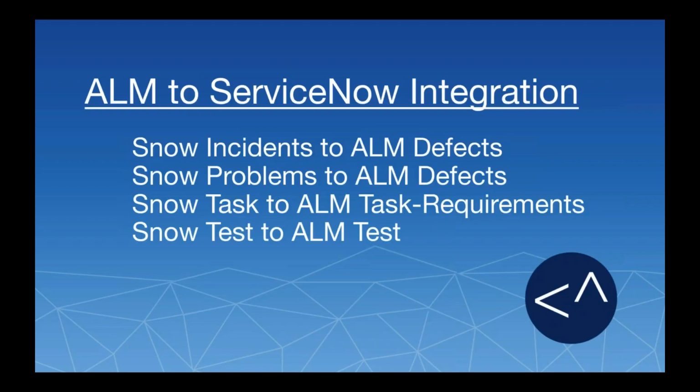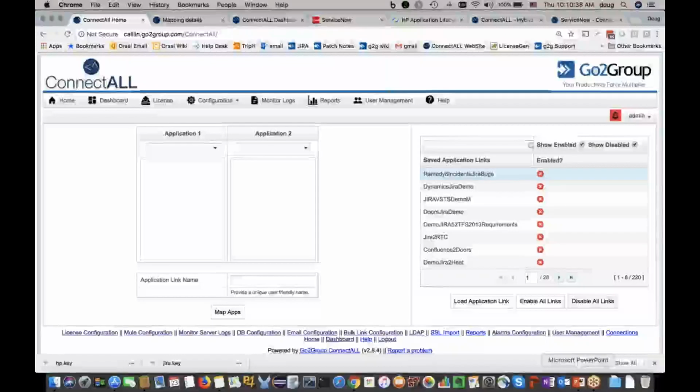So lots of different ways that you can integrate these two applications. It really depends on your processes, what your pain points are, and what teams need to work together more smoothly. So with that in mind, let me show you what ConnectALL looks like once you download it and install it. You'll install it, which takes maybe 10 minutes.